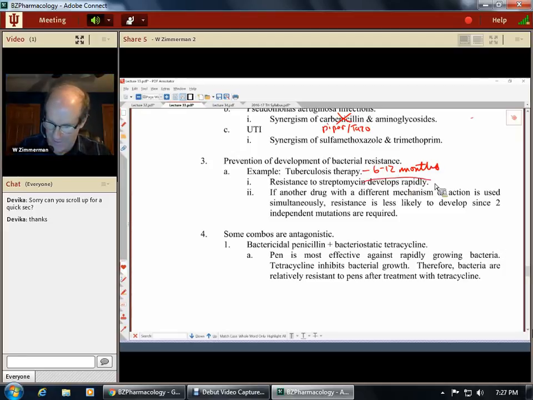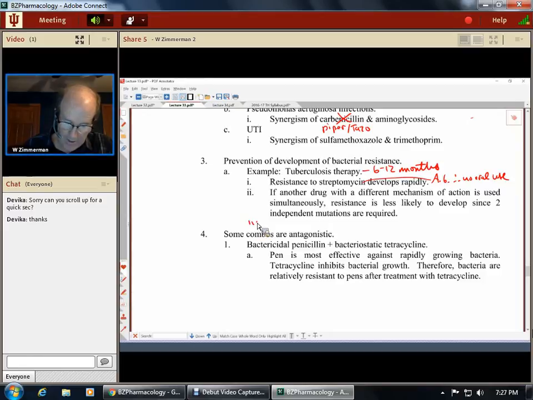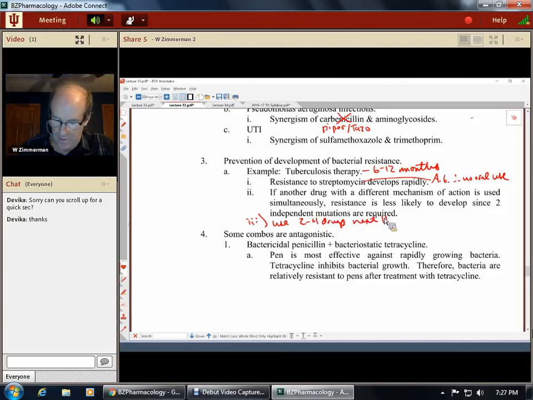Streptomycin is an aminoglycoside, therefore no oral use. In 6 to 12 months of injections, nobody does that. But since resistance is likely to develop, we use 2 to 4 drugs. I'll just say it's in the next handout. We'll talk about that a little bit more in depth.